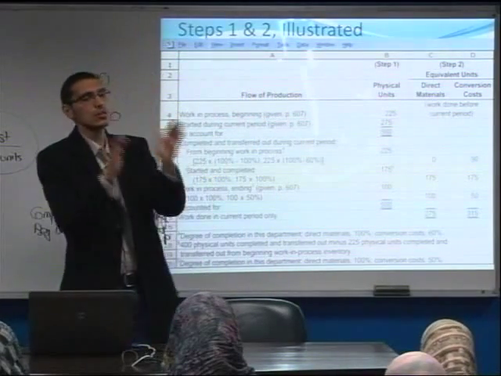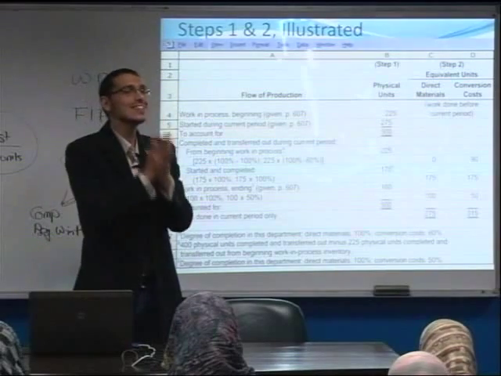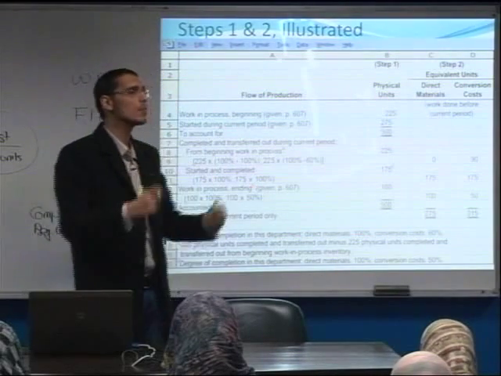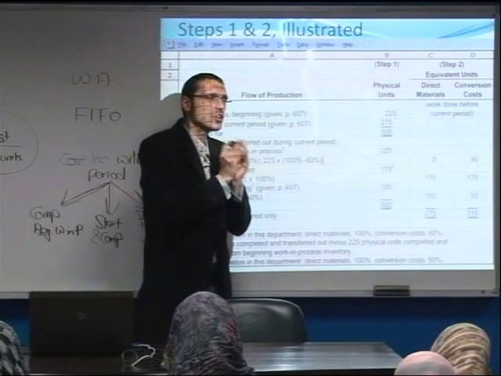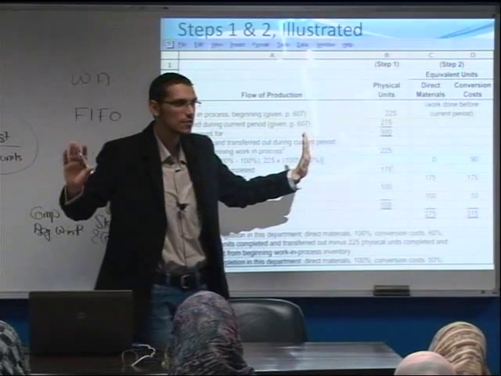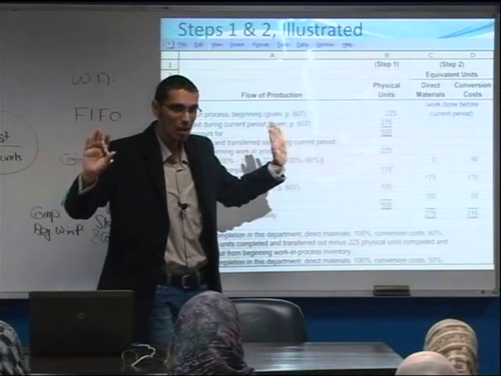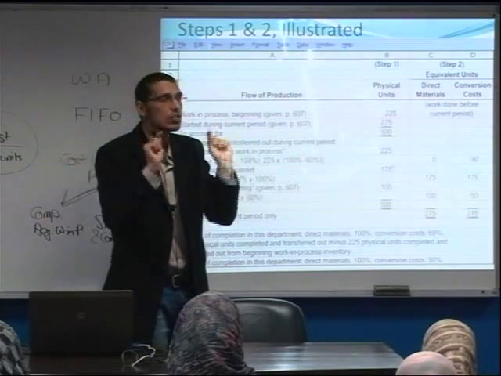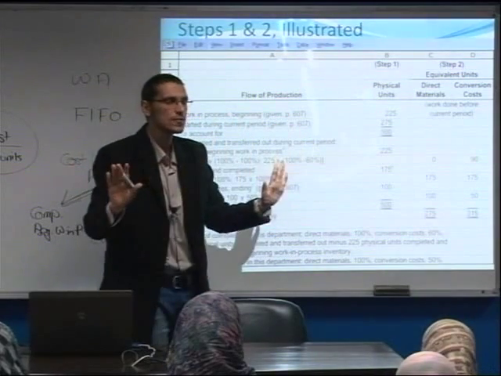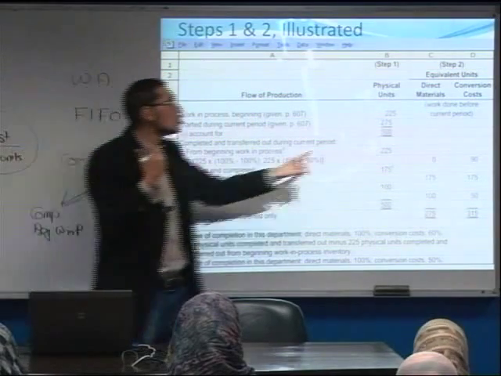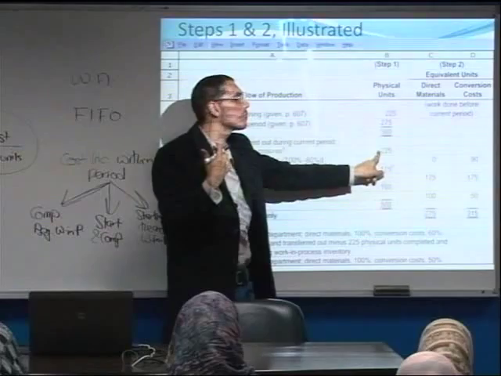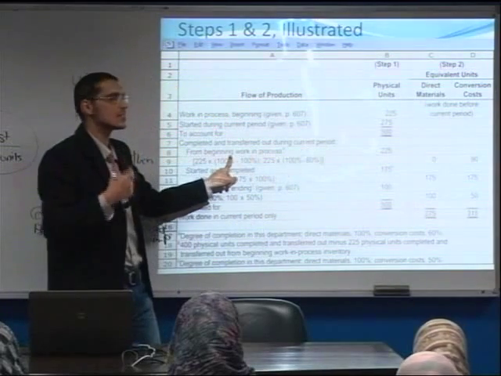Now we need to answer the following question: where did these physical units go? Therefore, first of all, 400 of these units were completed and transferred out. Correct? From the 400 units that were completed and transferred out, according to our assumption, according to the FIFO method, 225 are from the beginning work in process.